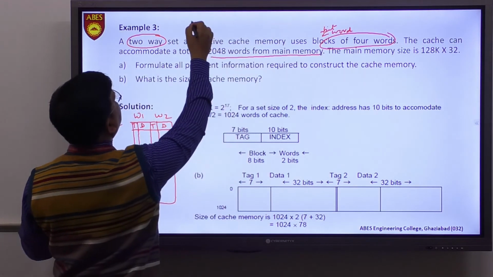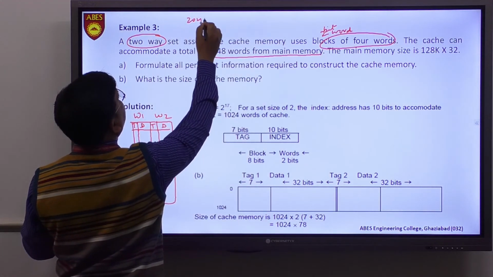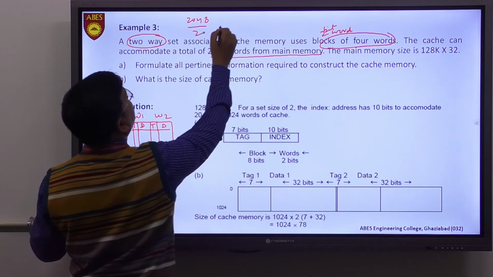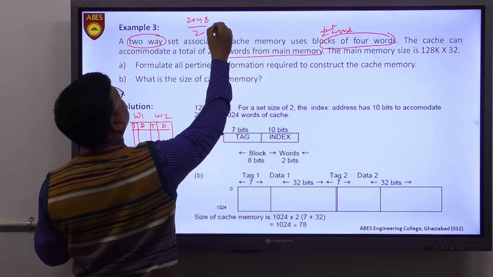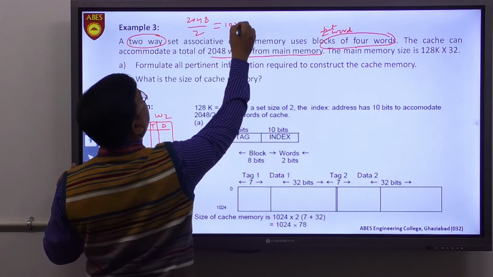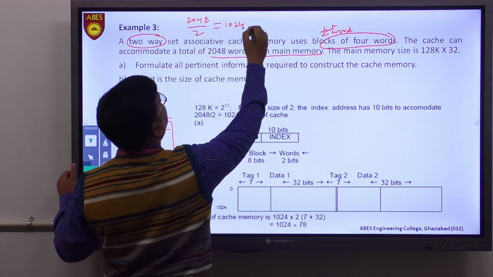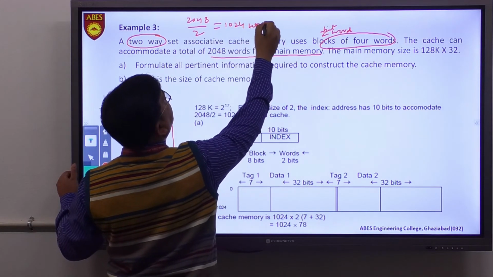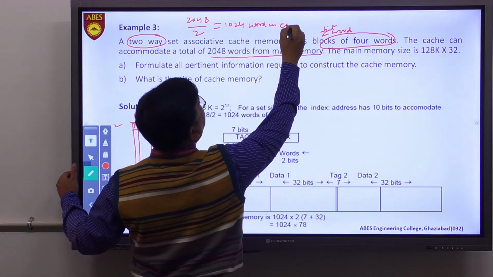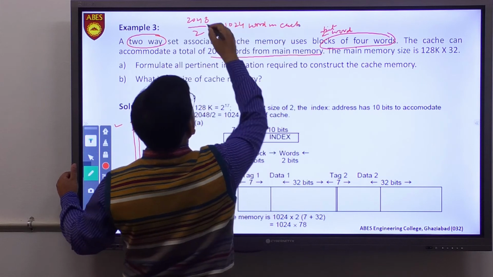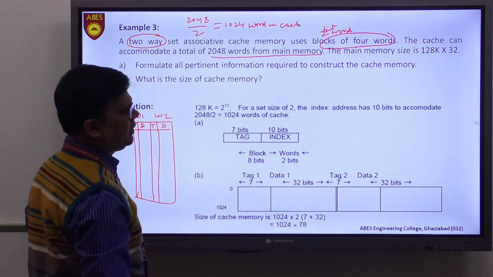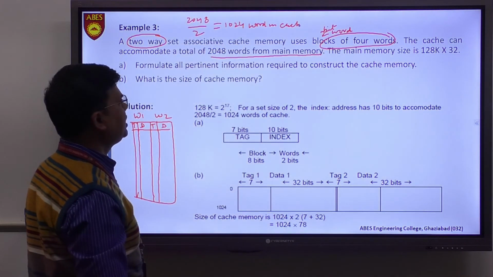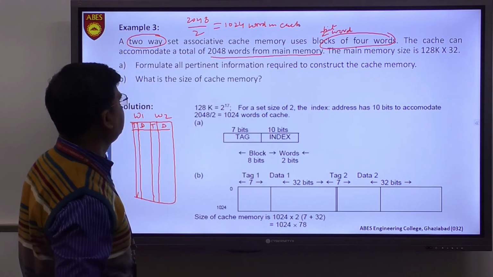So if we divide this, 2048 divided by 2, that is 1024. Number of words in the cache will be 1024 words in cache and 2048 words of main memory, because each index location is having 2 words of main memory.